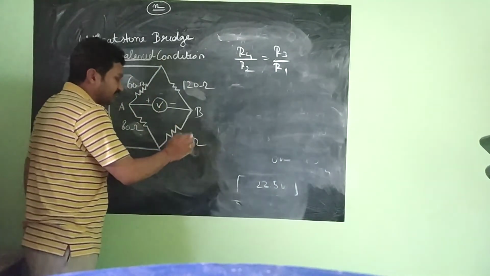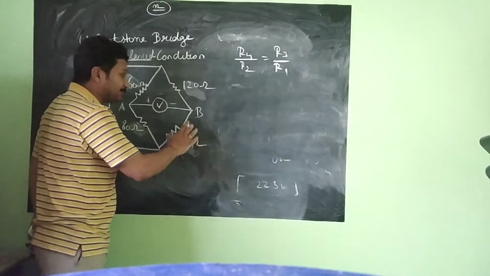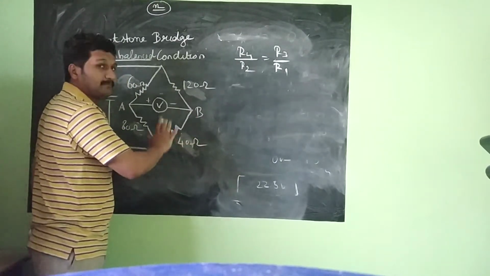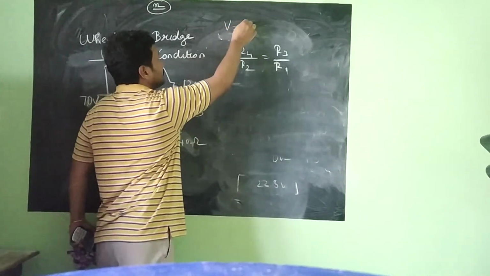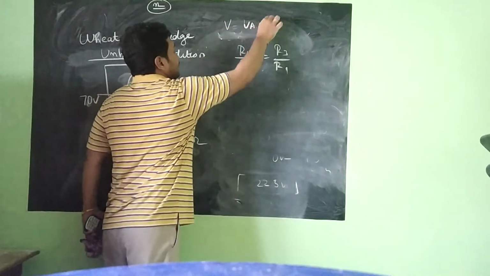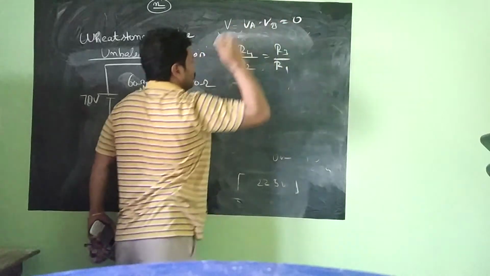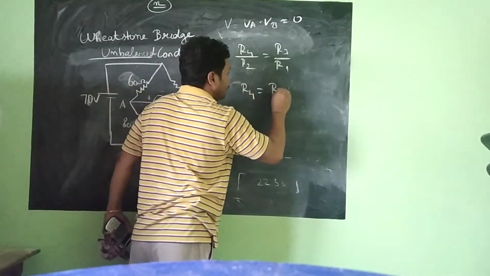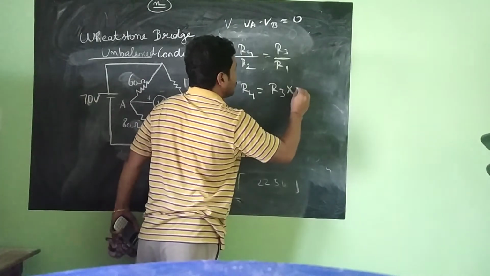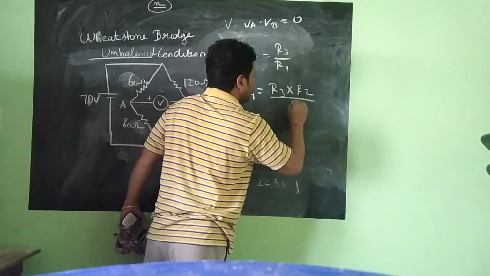What value should be fed here, or what value should be replaced here, for the bridge to become balanced? Which means what value should be fed there as resistor for VA minus VB to be equal to 0. So let's analyze. R4 is equal to R3 into R2 by R1.